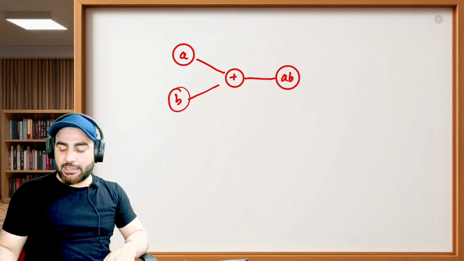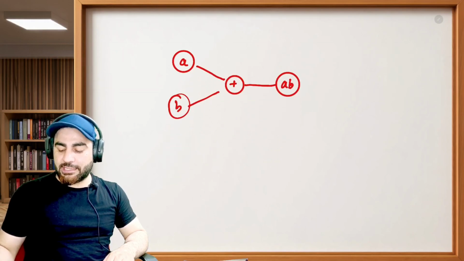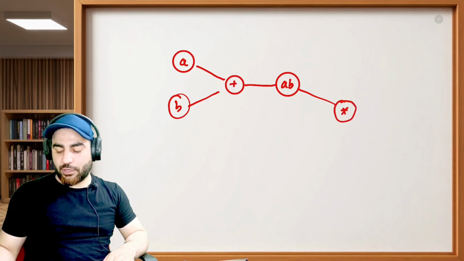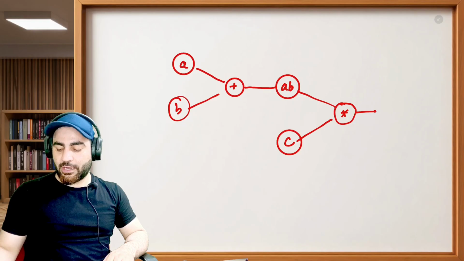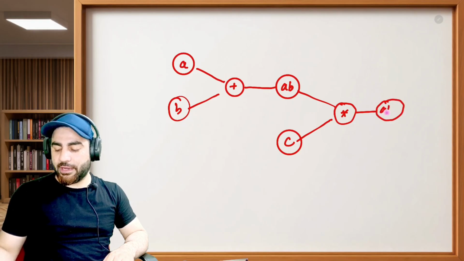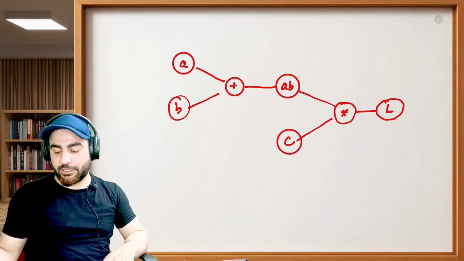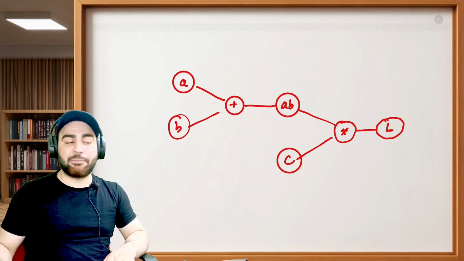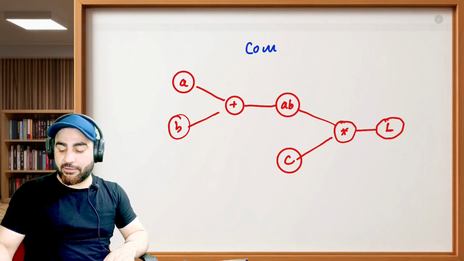Then this AB gets another node, and we multiply these things together, and you get, let's suppose, C, and you get output as (A plus B) multiplied by C. Let's call this L, the L that we have over here. The thing that I made over here is called a computational graph.